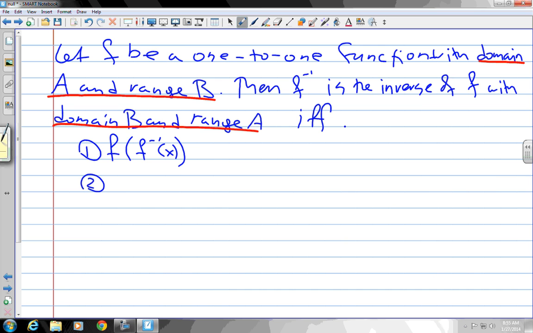X. That's right. So the composition of a function and its inverse is x. Because again, the function takes you from x somewhere else, but the inverse takes you from that somewhere else back where you started. And it has to work both ways. So the composition both ways has to produce x, your original point where you started.